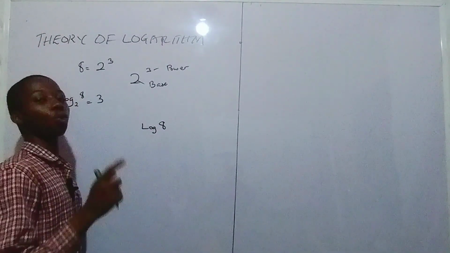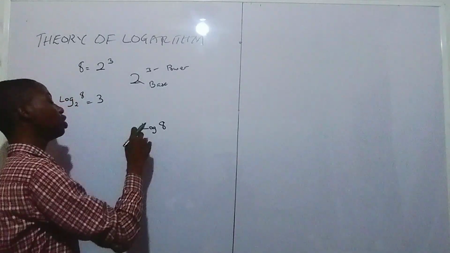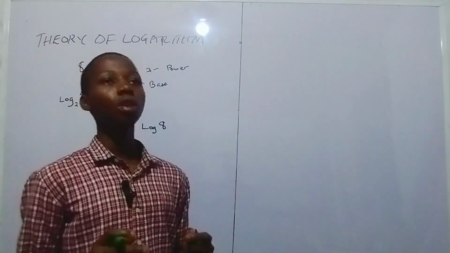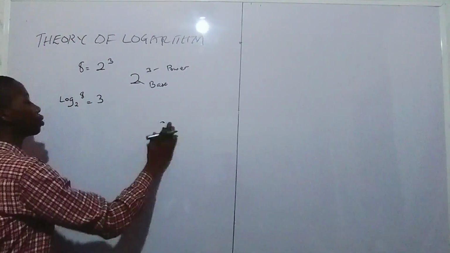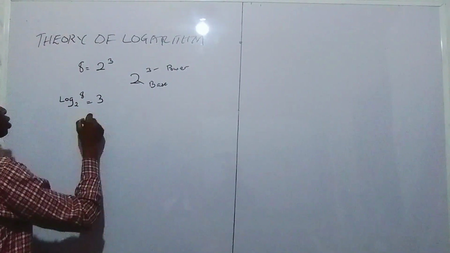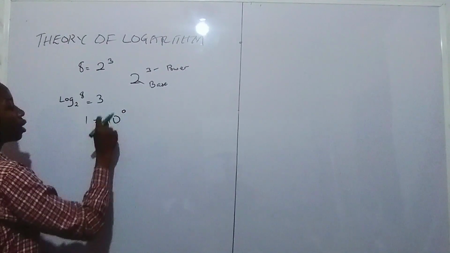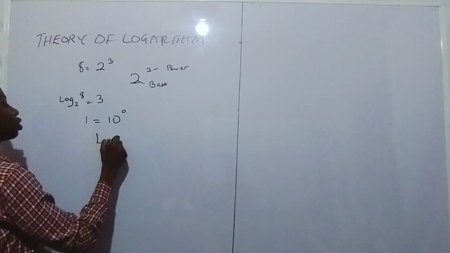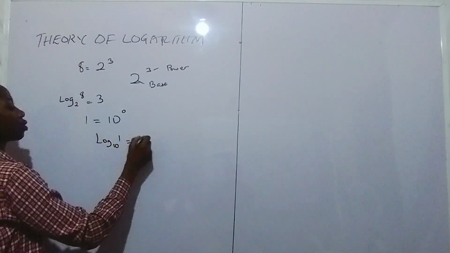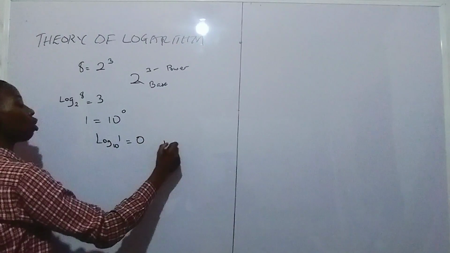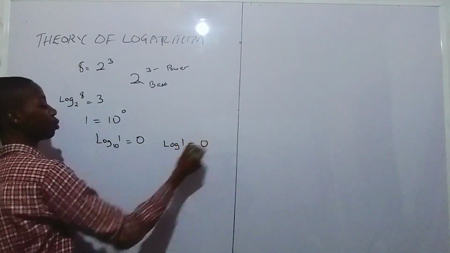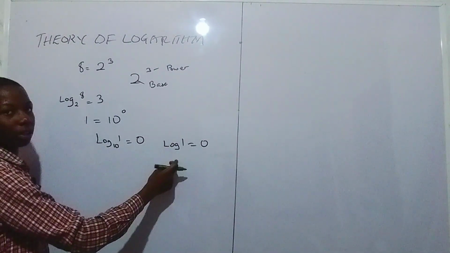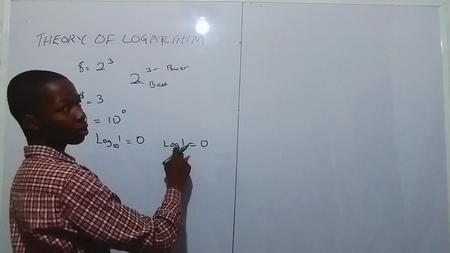Once the base is omitted, just know that the base is what? Base 10. Alright? So if I were to write 1 is equal to 10 raised to power 0, 10 is the base. This 10 comes here. We have log 1 base 10 is equal to 0, which could be log 1 is equal to 0, because we know that the omitted base here is still base 10.